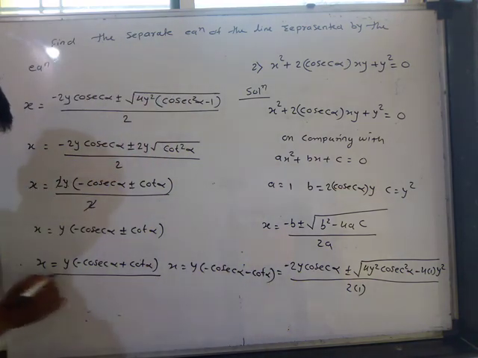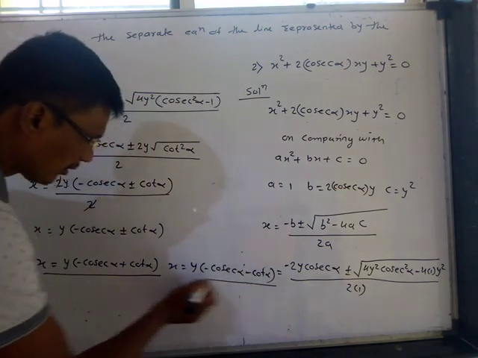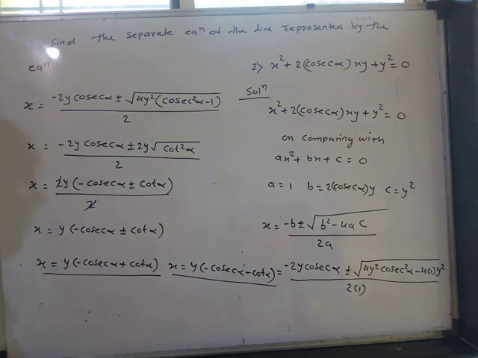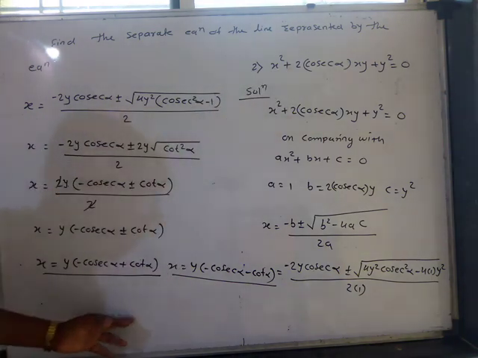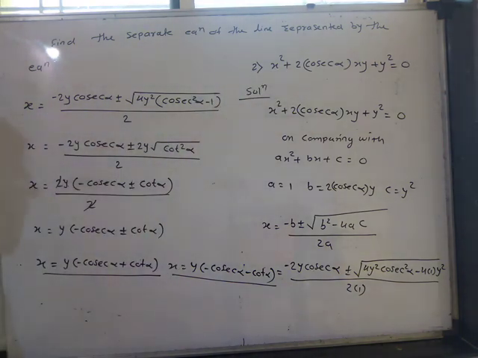So this is the first of the lines and this is the other line. In this way we can separate the two lines from the given equation.